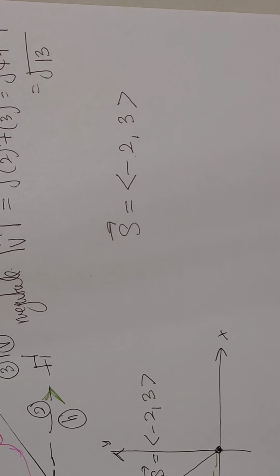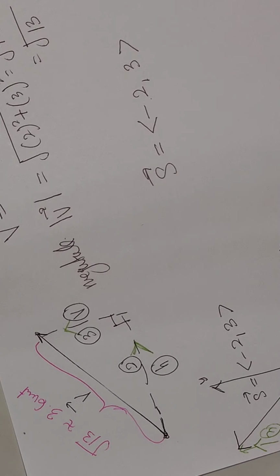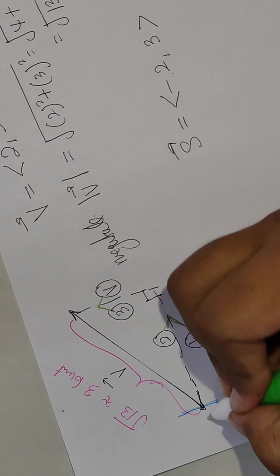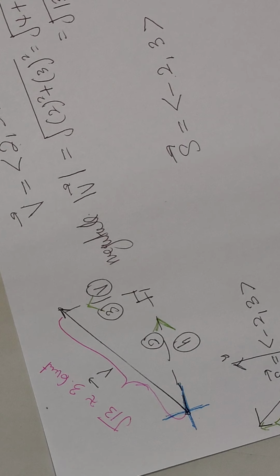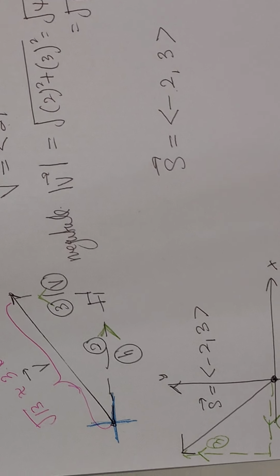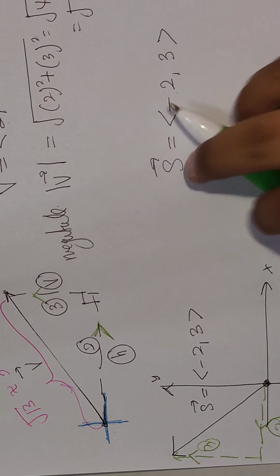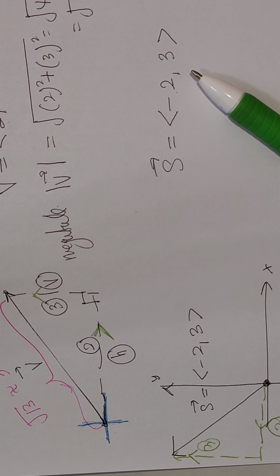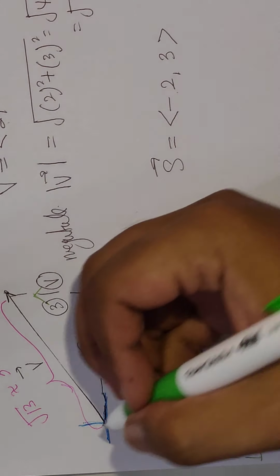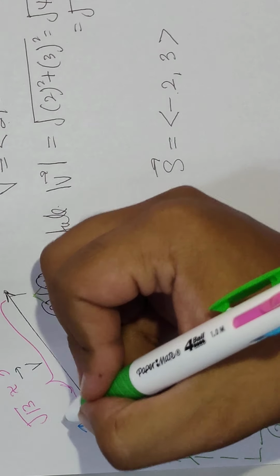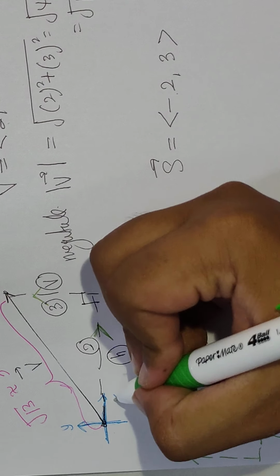And how about the direction? Okay, the direction of vector, let's say here we have the axis. Alright, here we have the axis, the y-axis and the x-axis.